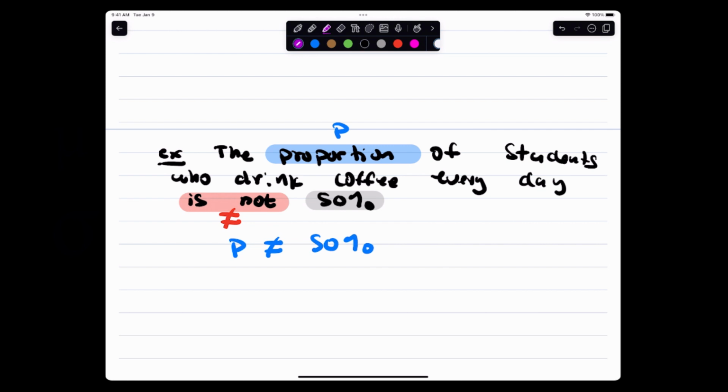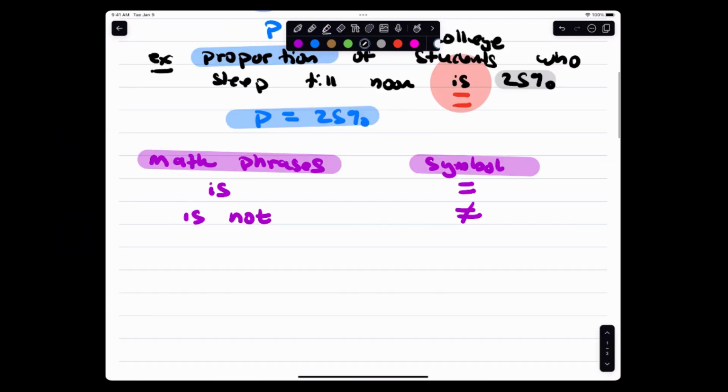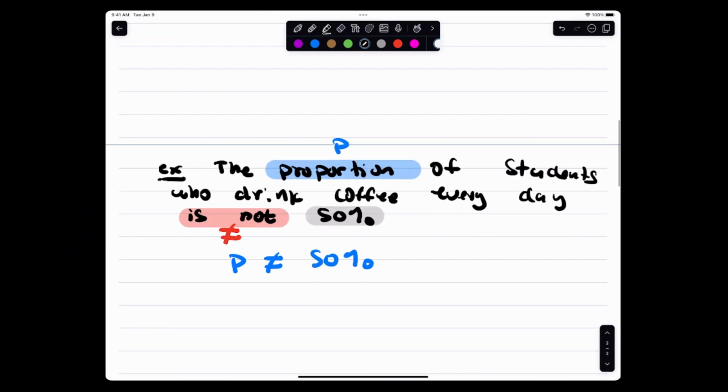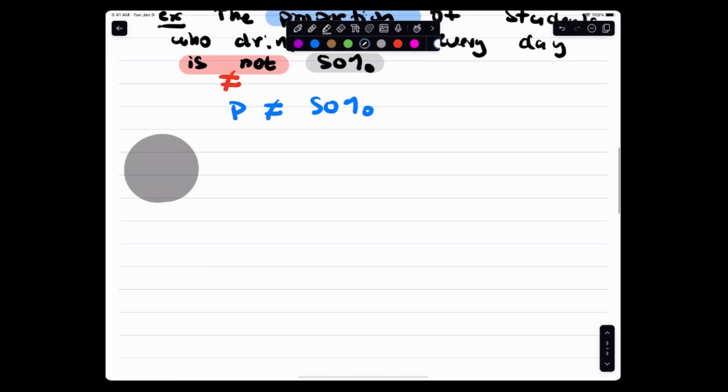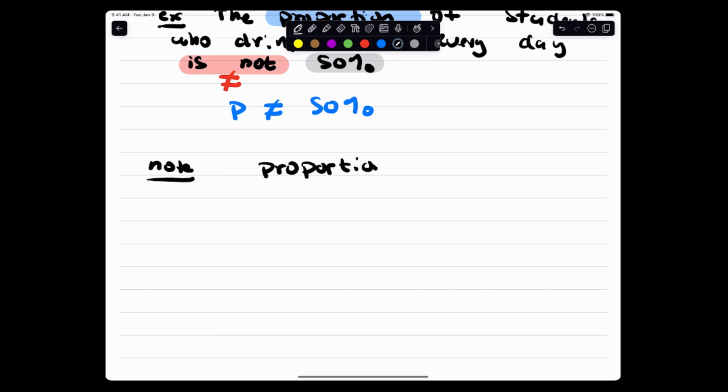And by the way, do you guys happen to know what is a proportion anyway? Just going to give you guys a note, because you might even say, hey, Mr. Judge, I don't even know what a proportion is. Well, okay, I want to put that as a note here. When you see that word proportion, that's a general term.